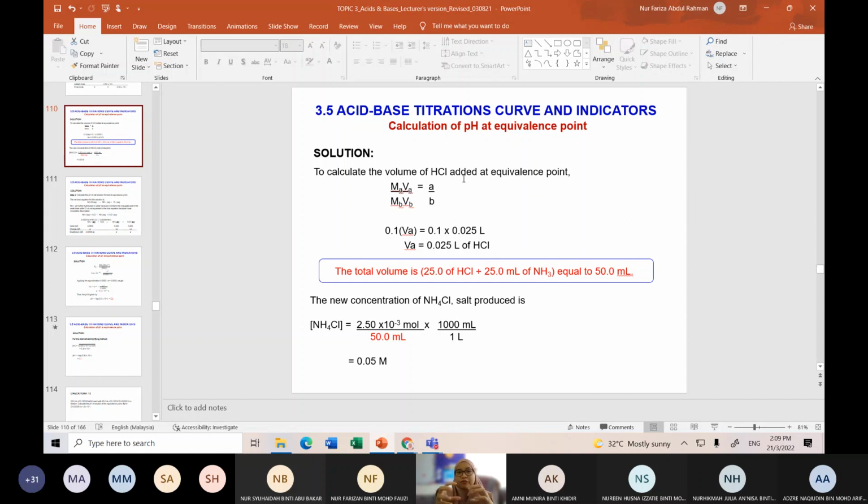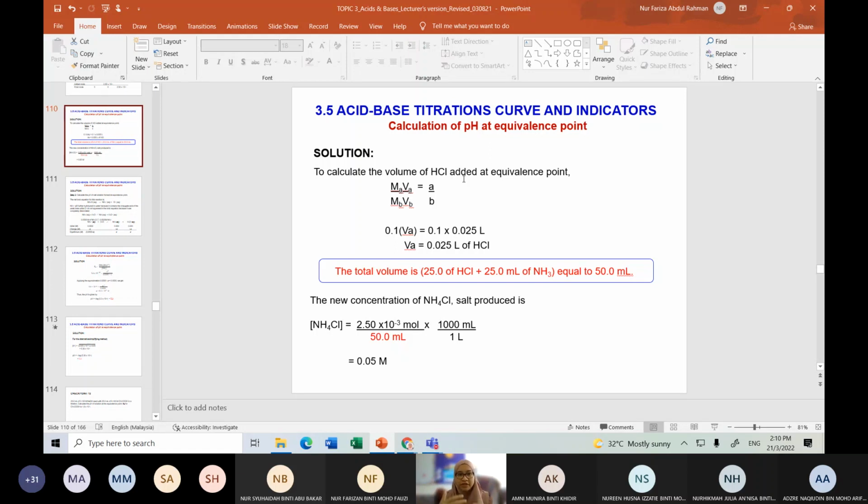Okay, so that is the fastest way that we can determine the type of salt produced. At least we know whether it is an acidic or basic salt. So if it's an acidic salt, that means when we calculate, the value of the pH should be less than 7. Okay, so at least we have that idea first before we proceed to calculation.